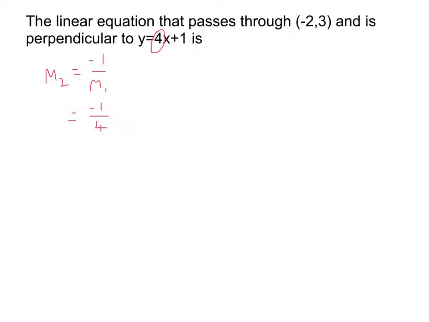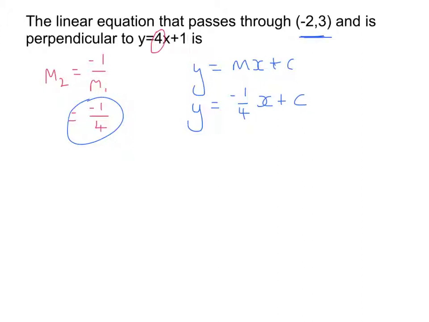So now to work out the equation, we have y equals mx plus c. We now know that m is equal to negative a quarter, so y equals negative 1/4 x plus c.